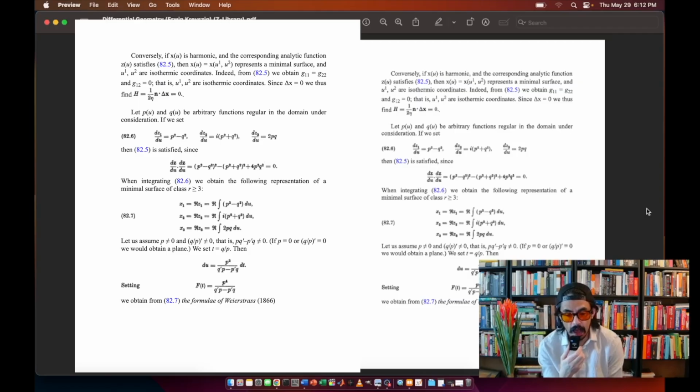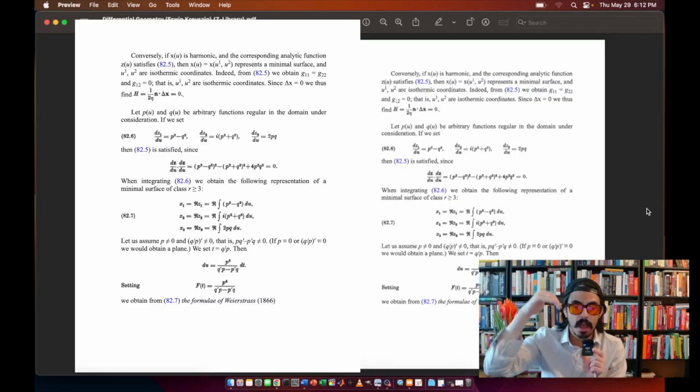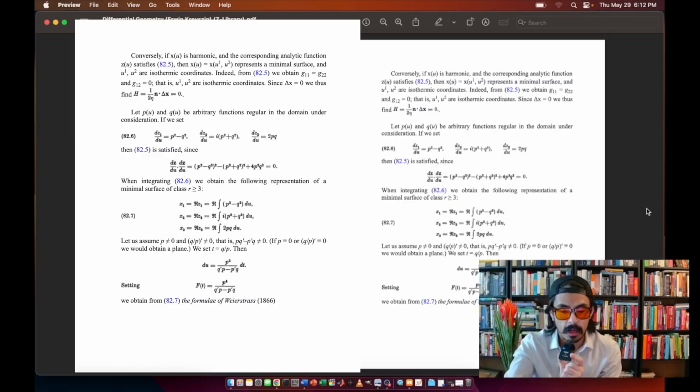Setting capital F of t equal to p to the fourth over a denominator of q prime times p minus p prime times q, we obtain from the representation of the minimal surface component-wise x sub 1, x sub 2, x sub 3, those real parts that I had just previously read, a formulation of what are known as the formulae of Weierstrass, but it's also known as the Weierstrass-Enneper representation here.